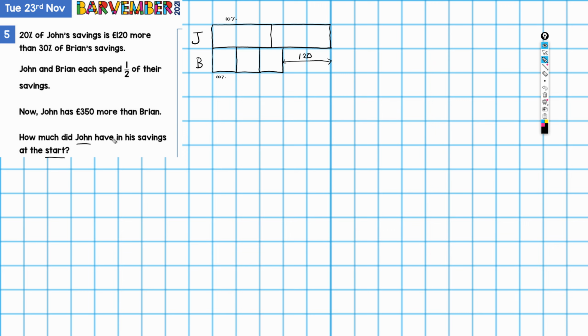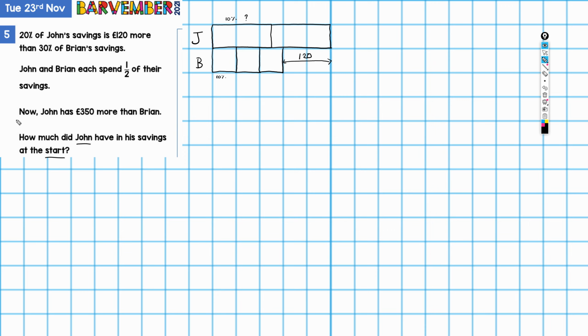Our question, I'm not going to draw in the question. Well, I suppose the question mark is here. I want to find out what 10% of John's savings are, because that will help me work out how much he had at the start. Okay, so this is sort of scenario 1. And then it says that John and Brian each spent half of their savings, and now John has £350 more than Brian, which I suppose, okay, you could draw in the 100% and shade off the 50% that's spent, but we don't need to do that.